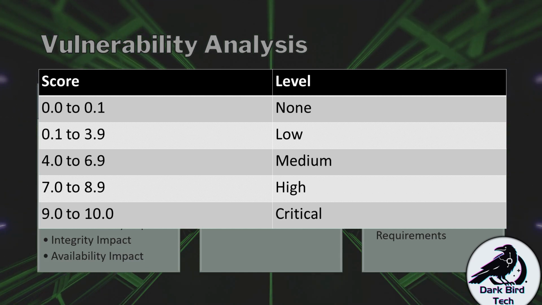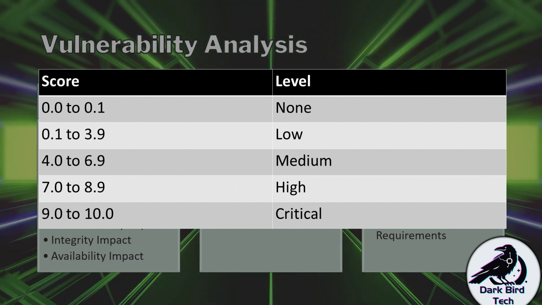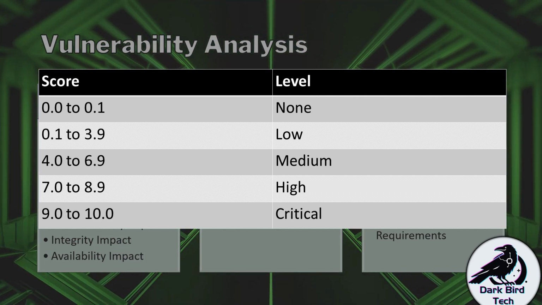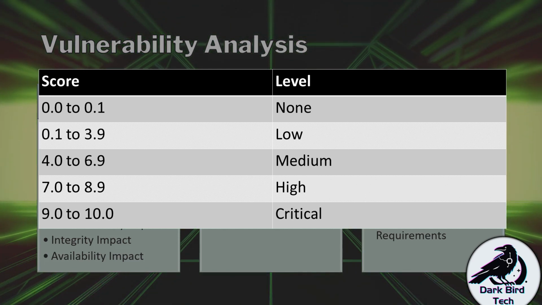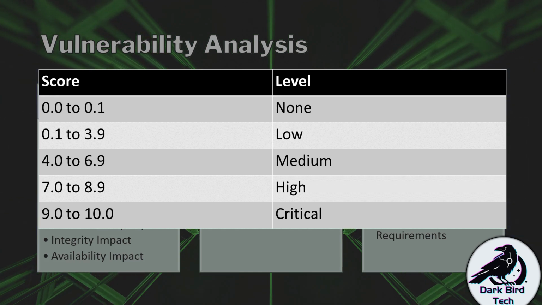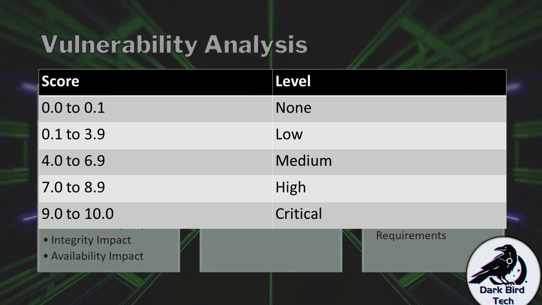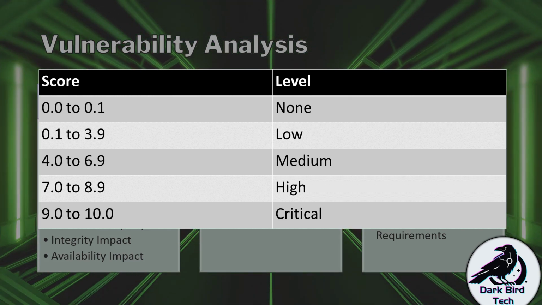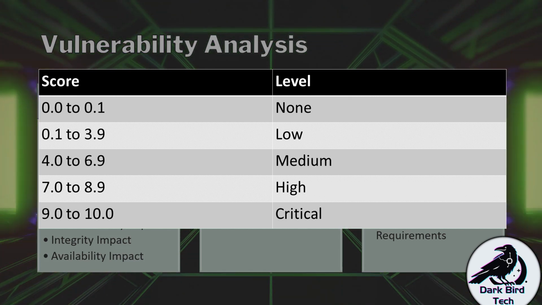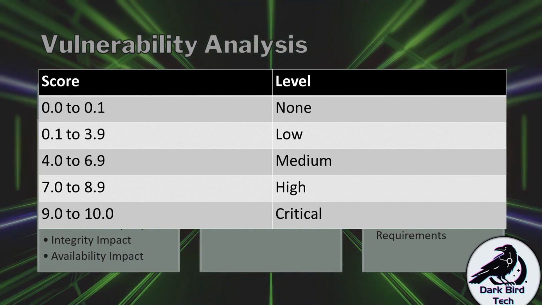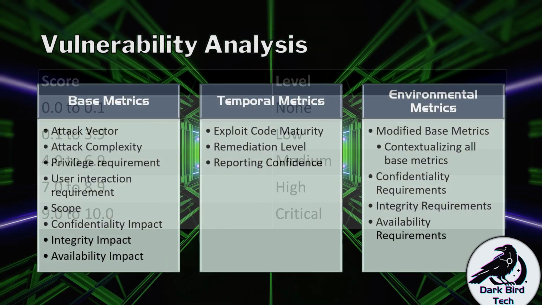From 4.0 onwards, you're now at a medium level of vulnerabilities. When you hit 7.0 and you start creeping upwards, you're now at a high level of vulnerability until you hit 9.0 up to 10. By the way, it does have decimal values, so you can have like a 5.6, for instance. But as soon as you hit 9 through to 10.0, you are now at critical vulnerability levels.